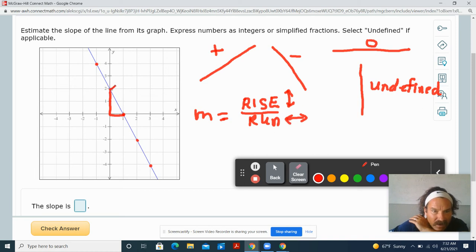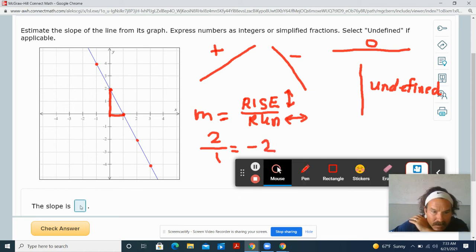So how far do you rise? Well, what's the distance from this point to this point? Well, that's 2. So the rise is 2 and the run is 1, but it's negative. So it's going to be a negative 2 over 1, or just negative 2. I'm just going to put negative 2.